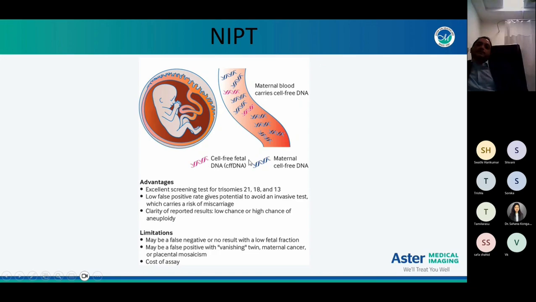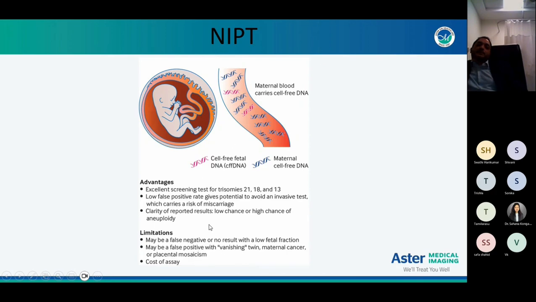Moreover, this cell-free fetal DNA, although we call it fetal DNA, is not exactly the DNA coming from the fetus. It is the trophoblastic cells, the placenta, which are producing this DNA. So sometimes the DNA of the placenta and the baby can be different, and that can give you false positive, false negative results.